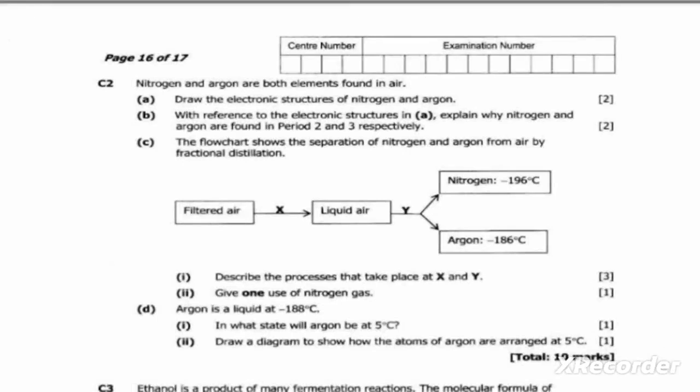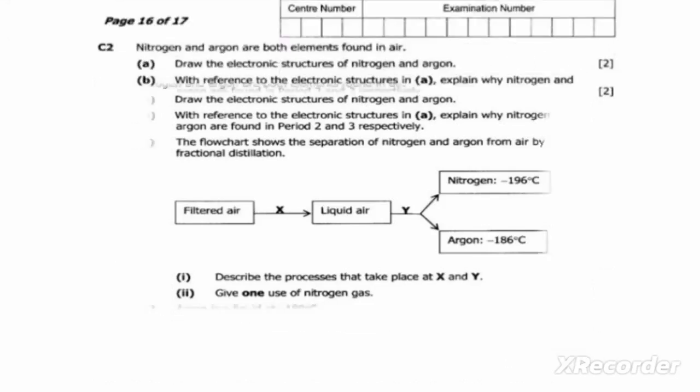Let us move to the next question, which is question B. With reference to the electronic structures in A, explain why nitrogen and argon are found in period 2 and period 3 respectively.